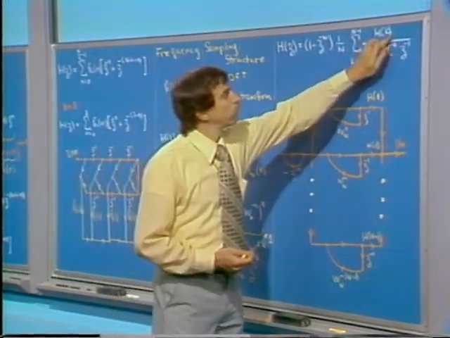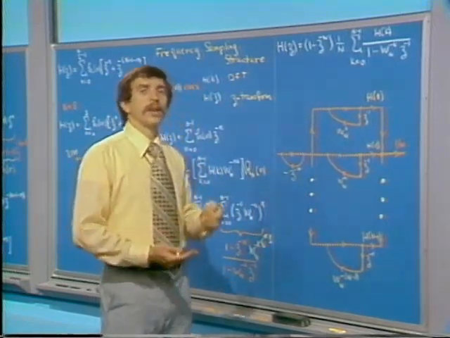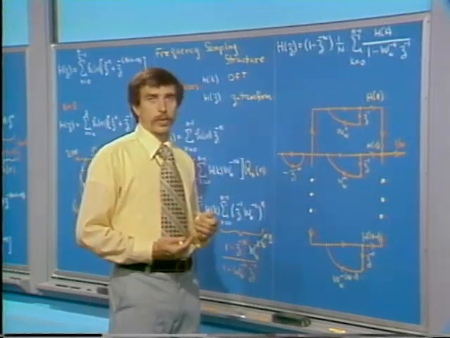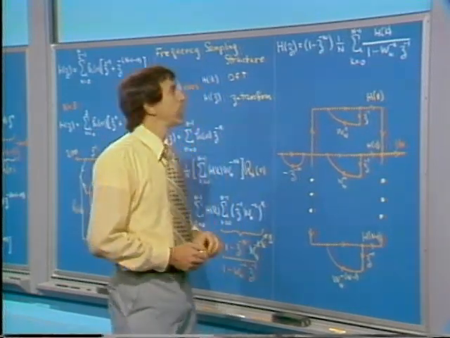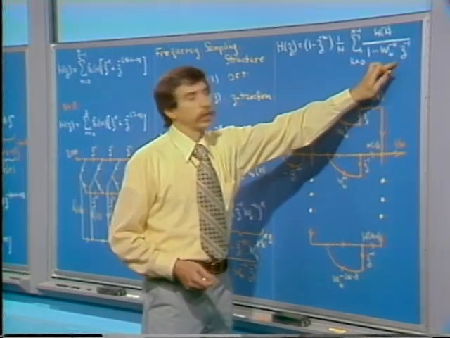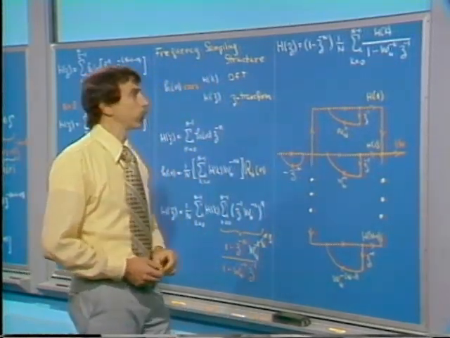So these coefficients, the H of k's, are in effect samples of the frequency response of the system. In other words, they are frequency samples, and consequently the structure that this implies is usually referred to as a frequency sampling structure.